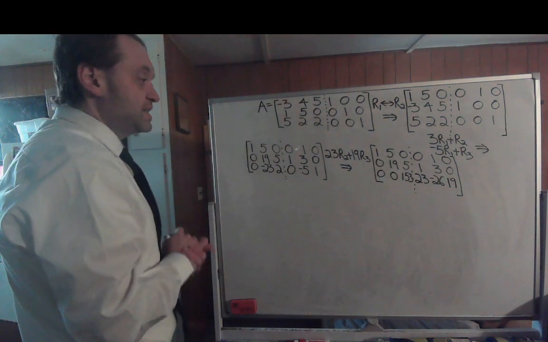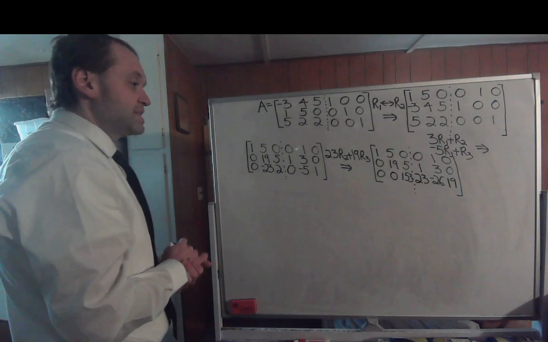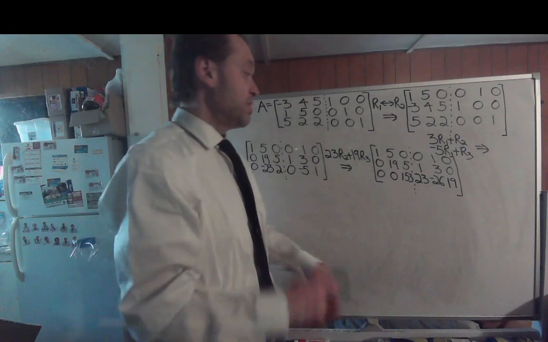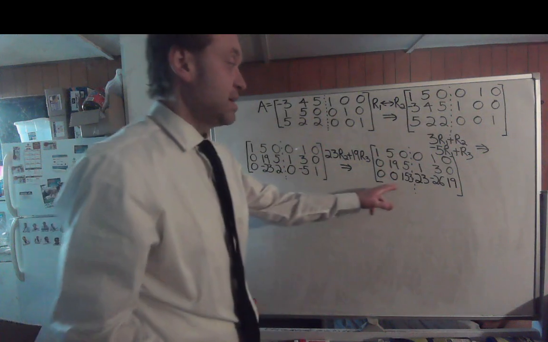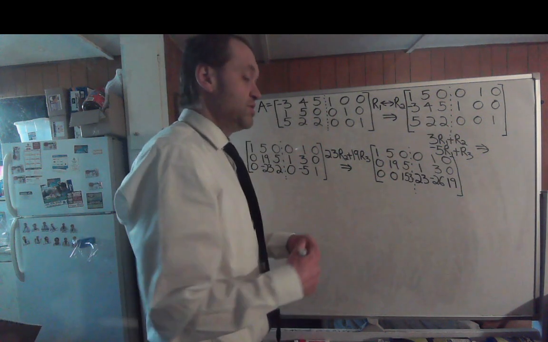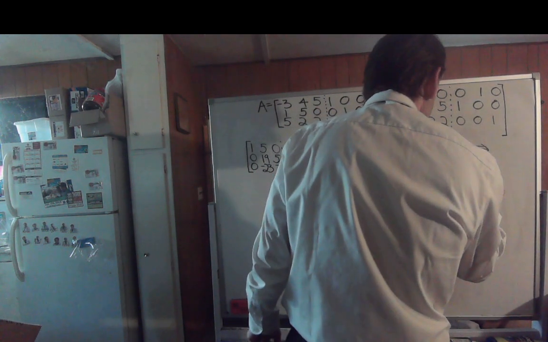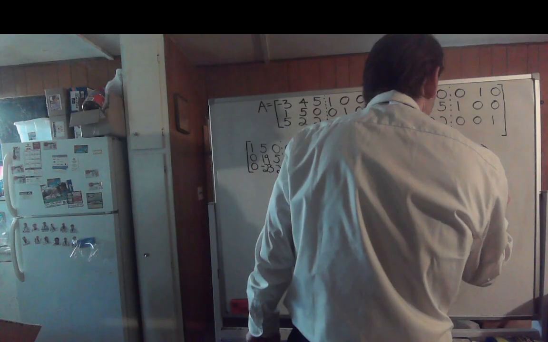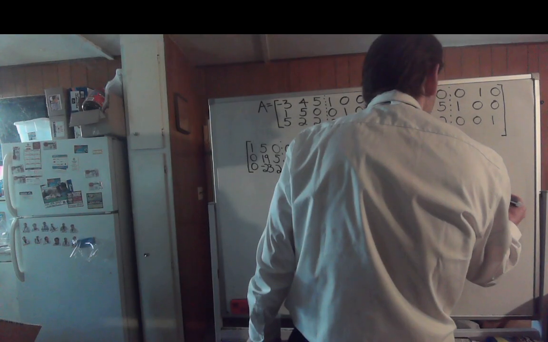Okay, next thing you probably would want to do is first you want to make sure that leading digit in row 3 is a 1. So you simply should take row 3 and multiply it by a scale factor of 1/153. So let's do that. 1 over 153 times row 3 will yield a brand new row 3 where the leading digit's a 1.